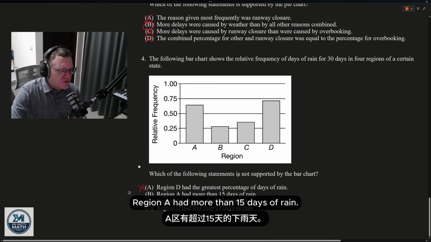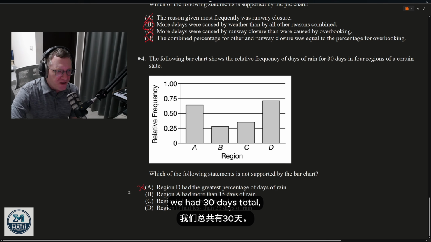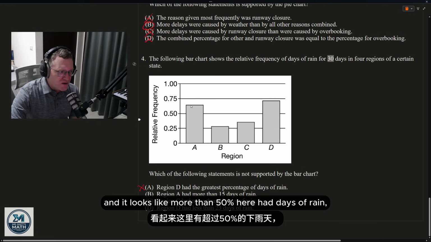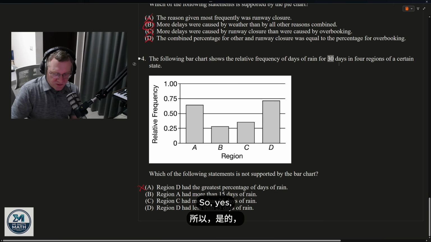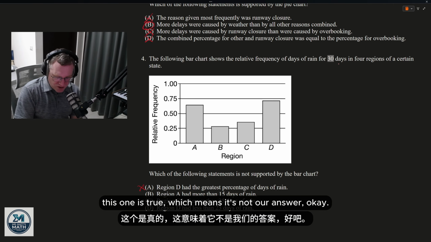Next, B, region A had more than 15 days of rain. Well, remember we had 30 days total, and it looks like more than 50% here had days of rain. So that means it would be more than 15. So yes, this one is true, which means it's not our answer.